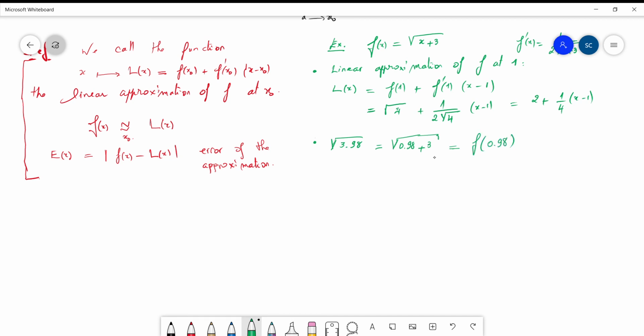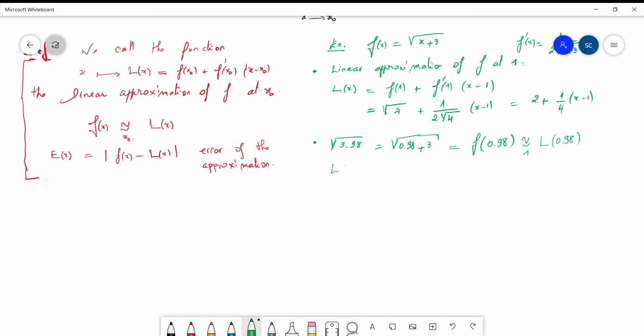For the square root of 4, I can have the exact value, but this one I can't easily guess the exact value. So let's use the linear approximation to find an approximate value of this square root. We know that 0.98 is close to 1, so I can say it's L at 0.98.